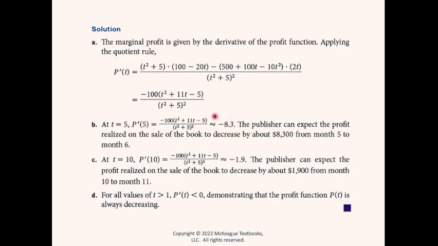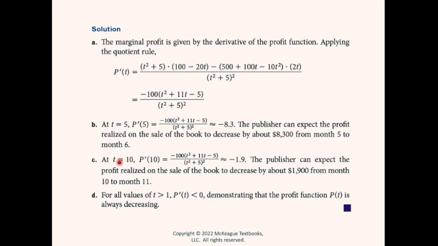Because this is a negative, that tells me the profit of the 5th month is on an interval that is decreasing. And in addition to that, we know this is in thousands, so we can say that the publisher can expect a profit on the sale of the book to decrease by $8,300 from month 5 to month 6.